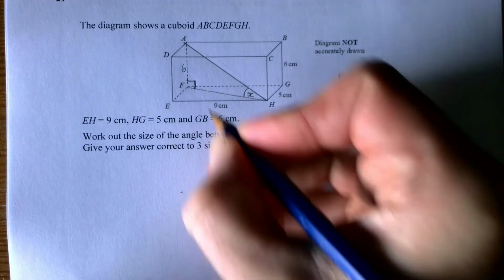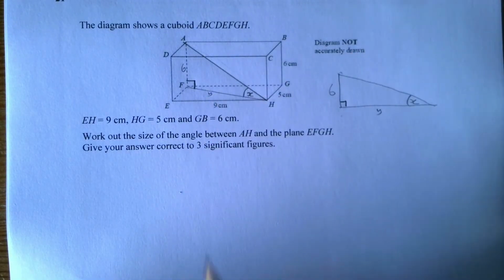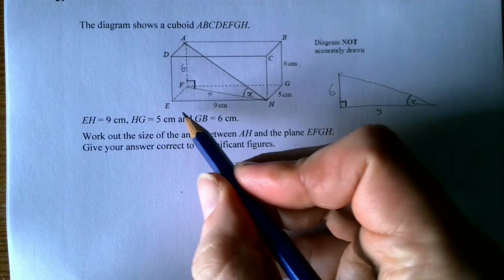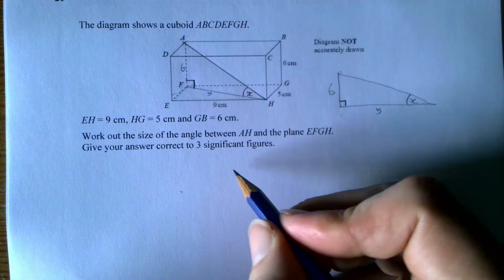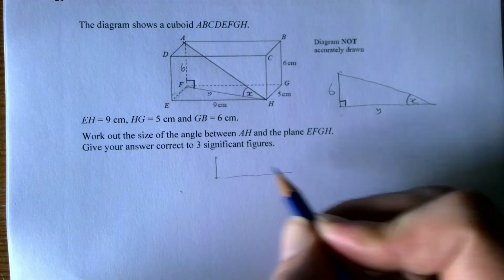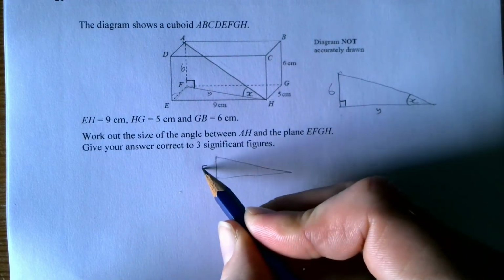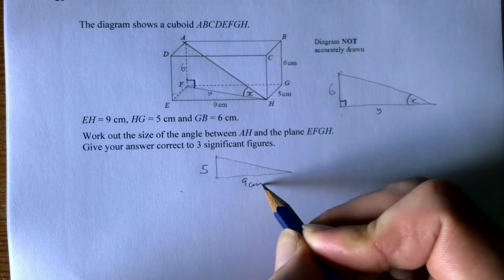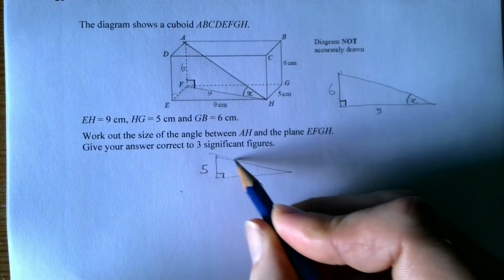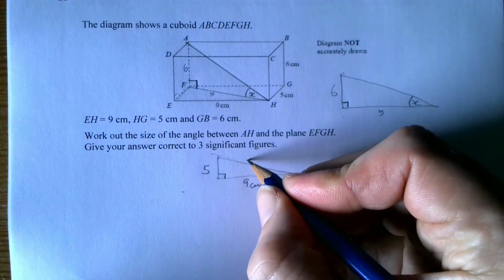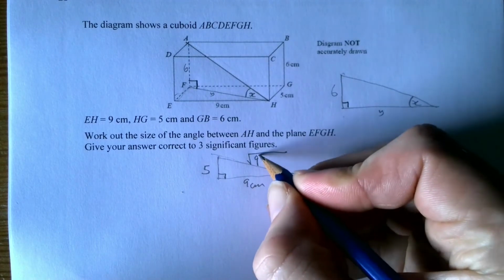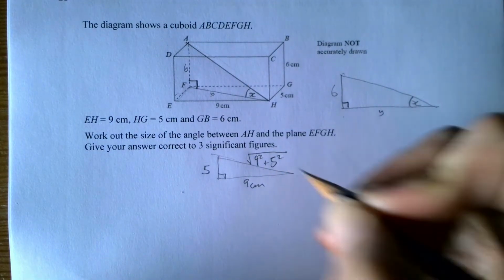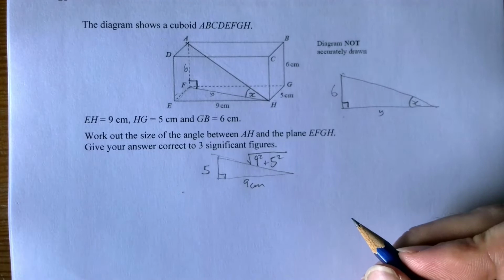If I call that y, we could work that out using Pythagoras, because that distance there is 5. So I'm going to sketch that triangle as well. That's 5 centimeters for the width of the box, 9 centimeters for the length, and then you've got the hypotenuse there, haven't you? So it's going to be the square root of 9 squared plus 5 squared for the hypotenuse.